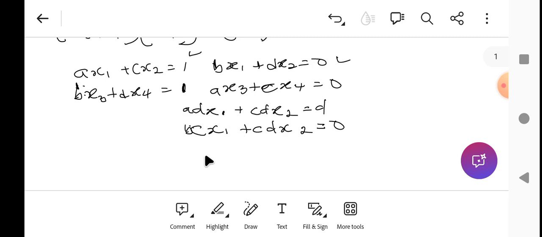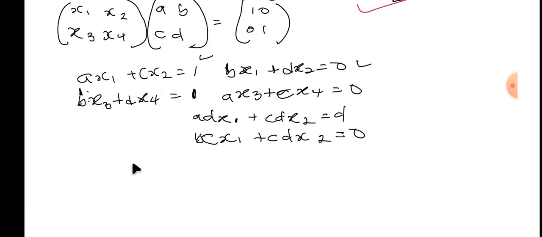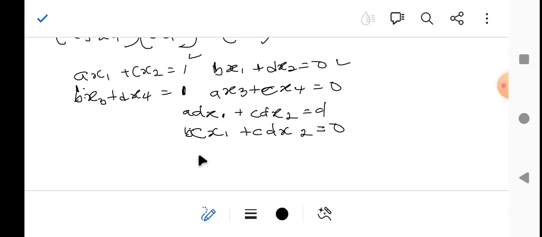We're going to have adx1 minus bcx1 is going to be equal to this minus this, which is d.